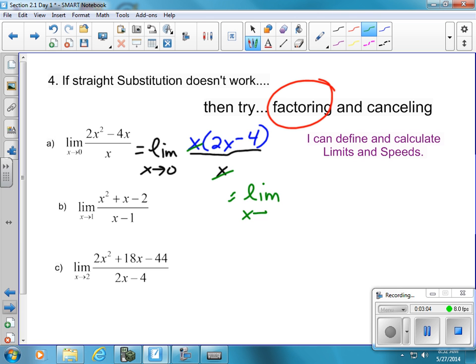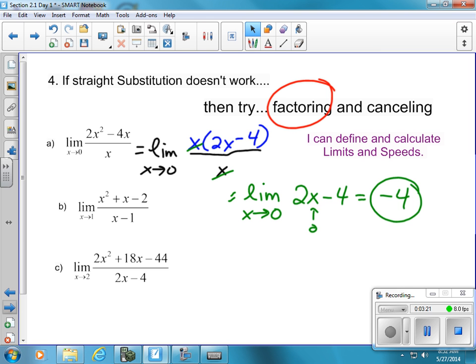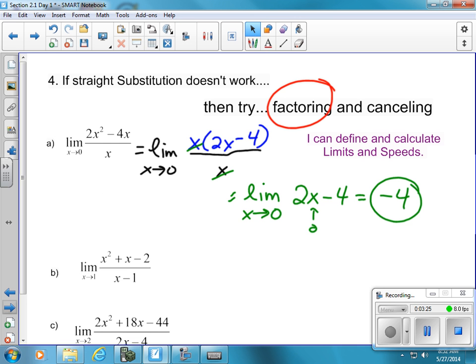Notice in the middle of my board, I have a little squiggly. You will see that often. Actually, I don't need a fraction anymore. I have 2x minus 4 over 1. Now if I plug in a 0, we get a negative 4. So with just a little bit of simple factoring, that made that one able to work.